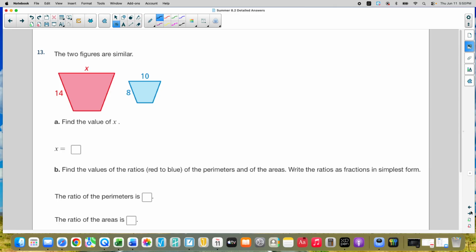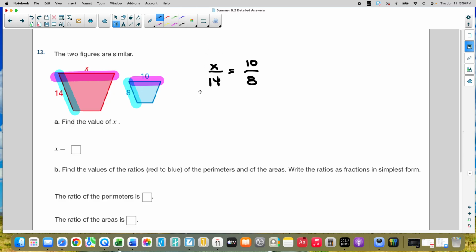The 2 figures are similar. That means they're proportional. So if this side corresponds with this side, and this side corresponds with this side, we know that we can write a fraction. We can say x over 14 is equal to 10 over 8 because we have corresponding parts.